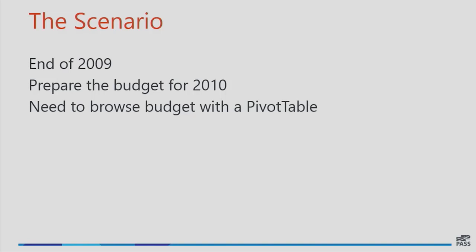And the idea of this session is the following. Imagine you have data about sales, and we will see an example in a few minutes. Imagine you have a budget for the new year, and now you want to create a report that compares the budget with the actual sales that you have.